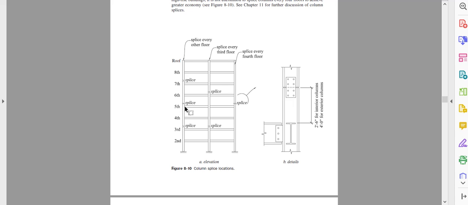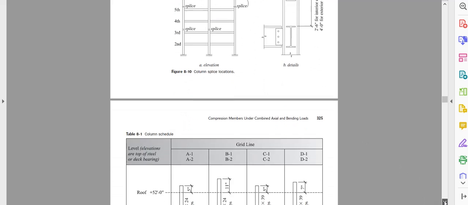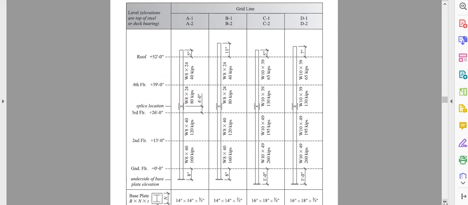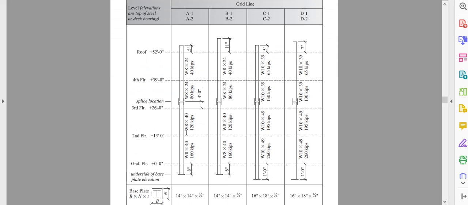Never do it at the joint because moment is maximum at the joint. So this is the splice location. This will be one section, other section, other section. We try to decrease the material. Now the next table is better to understand here. The bottom column is W8x40, after some floors W8x24. That means this column is the same size but lighter.